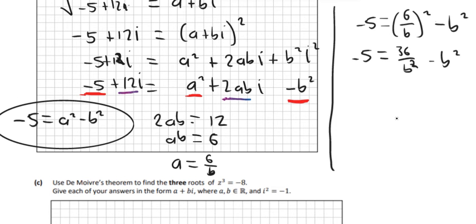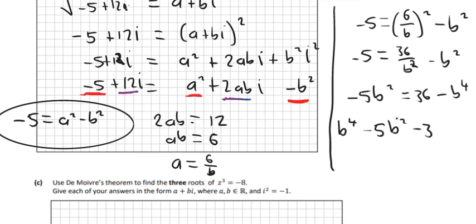Let's multiply everything by b squared, just to get rid of the b squared on the bottom. So we get minus 5b squared is equal to 36 minus b to the 4. Move everything over to the left hand side, we get b to the 4 minus 5b squared minus 36 is equal to 0.